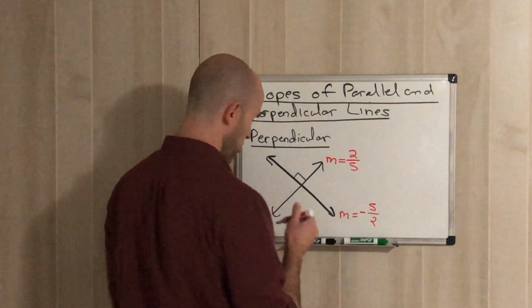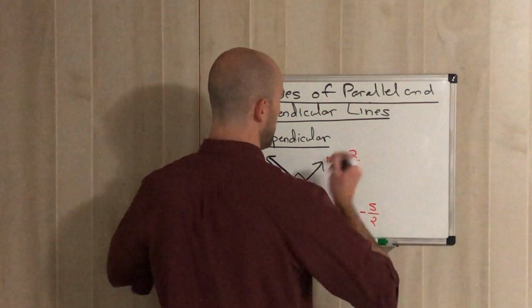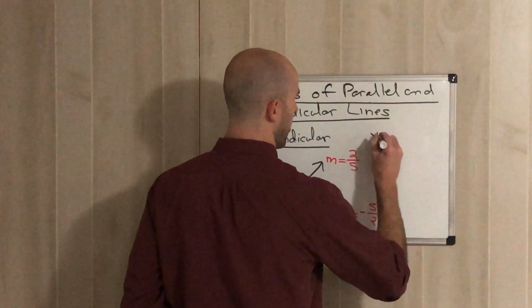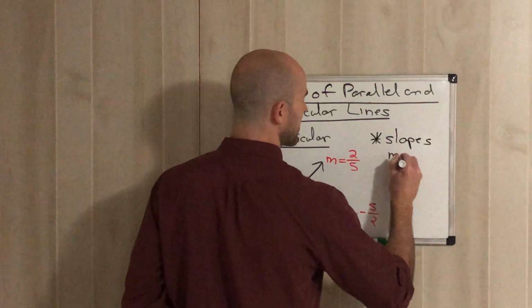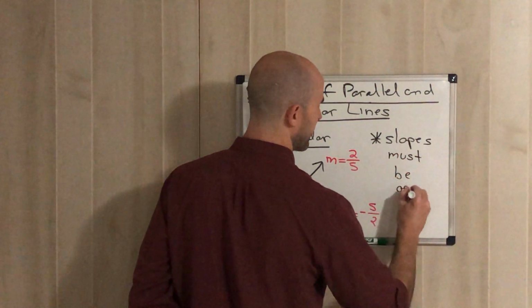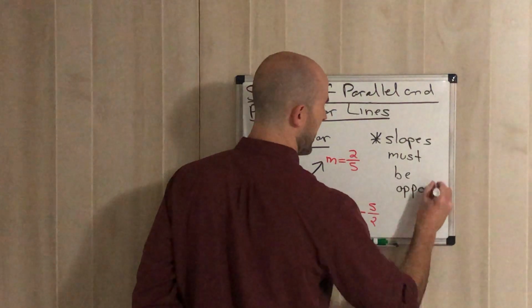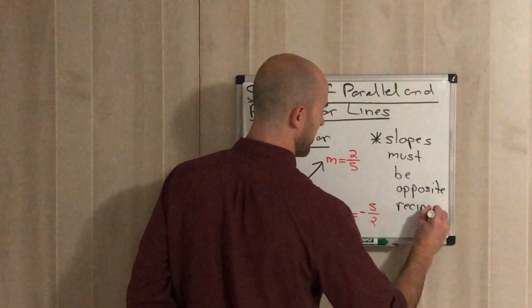So always remember, whenever it comes to perpendicular lines, and this is always the hardest one, slopes must be opposite reciprocals. And again, what that means, opposite reciprocals, just always be careful of it.